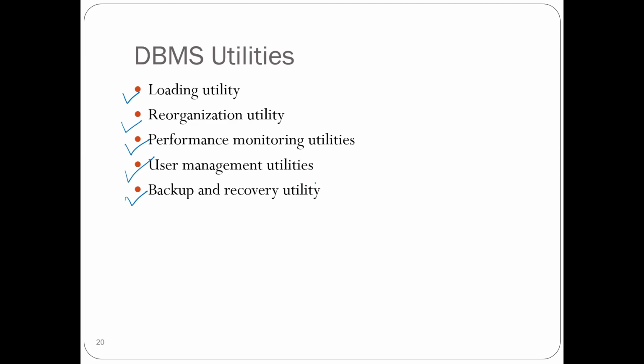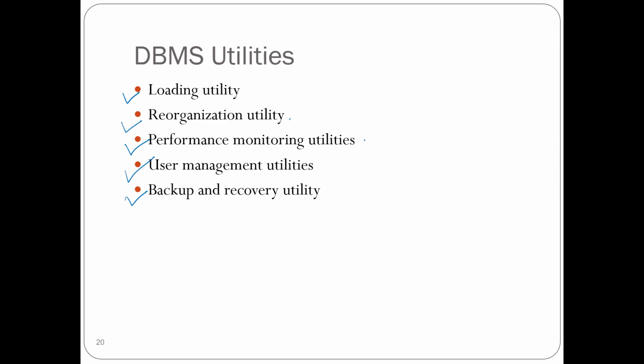The loading utility allows you to load data from Excel files or other files, text files, or maybe from other databases. It allows you to load data into your database from diverse sources, could be from files or from other databases. The reorganization utility allows the data to be reorganized in such a way that it is more efficient.